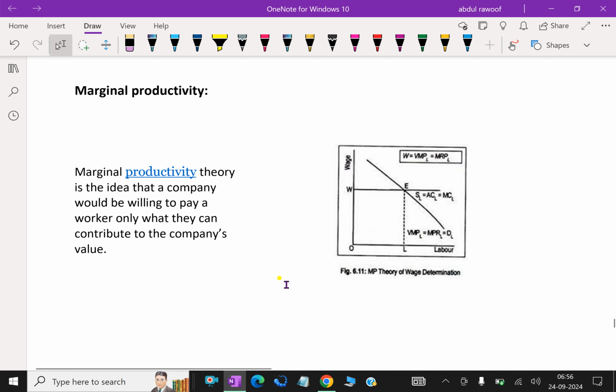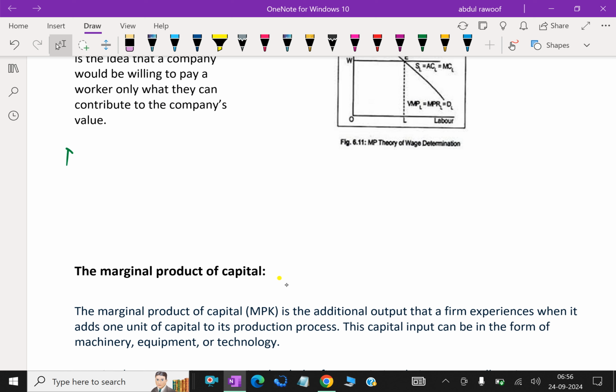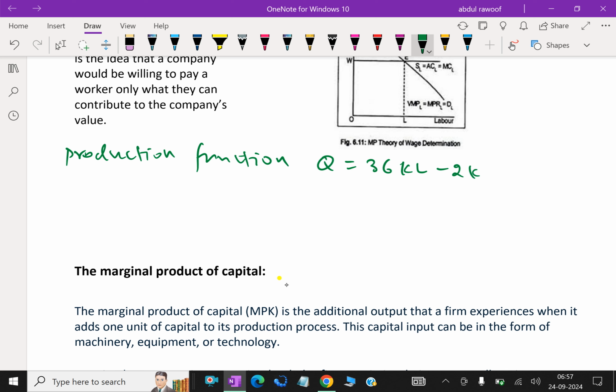Here, for example, the production function is given as Q equals 36KL minus 2K square minus 3L square.